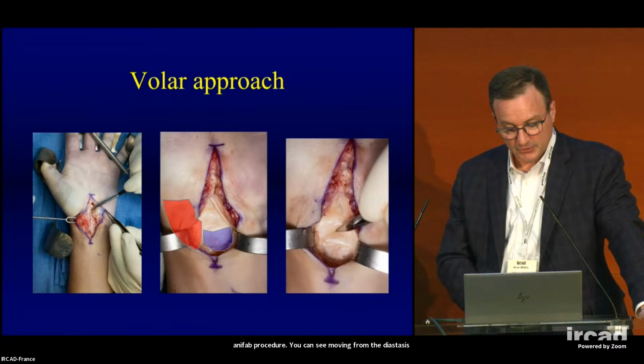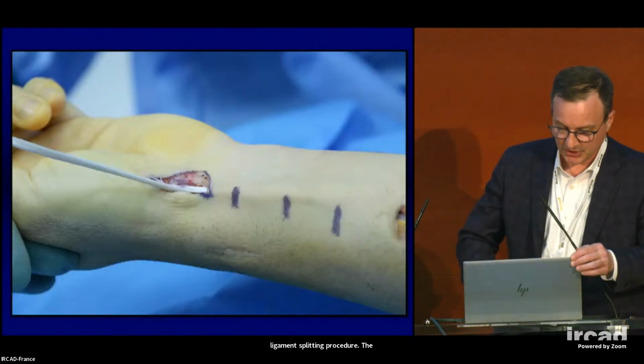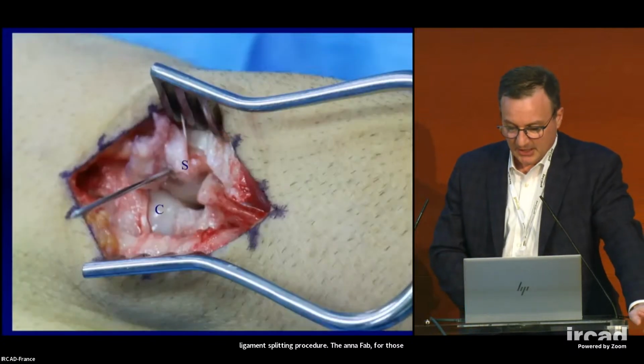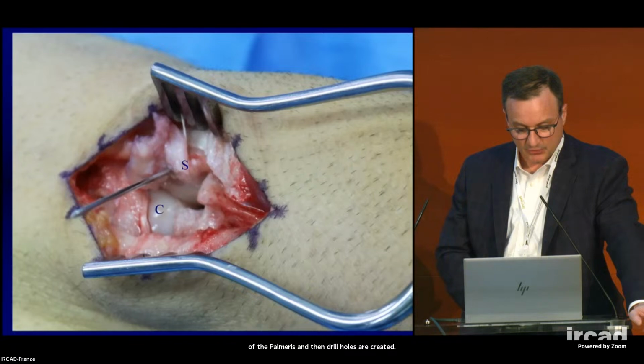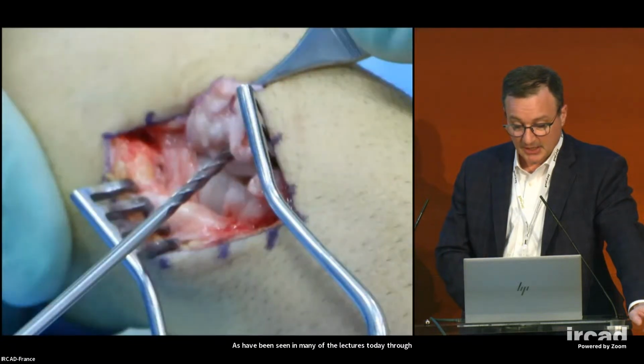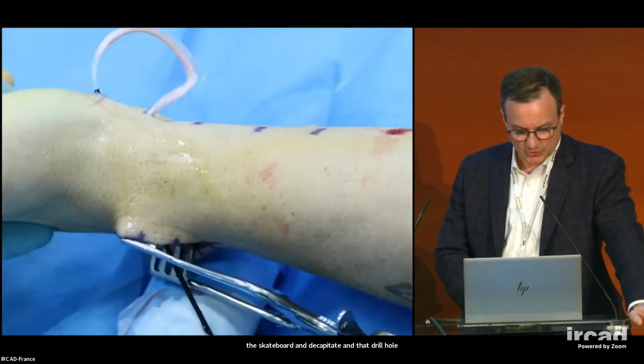And here's the volar approach, again using a small ligament-splitting procedure. The ANAFAB, for those of you that aren't familiar with it, is just a harvest of the palmaris, and then drill holes are created, as have been seen in many of the lectures today, through the scaphoid and the capitate. The drill hole through the lunate is done with no larger than a 2.7 drill.